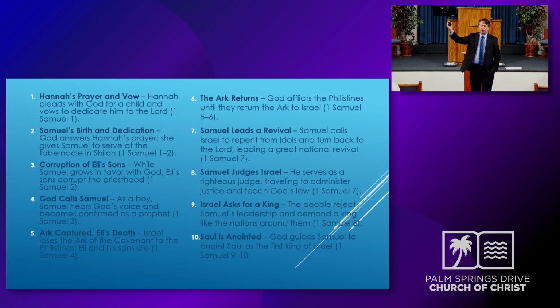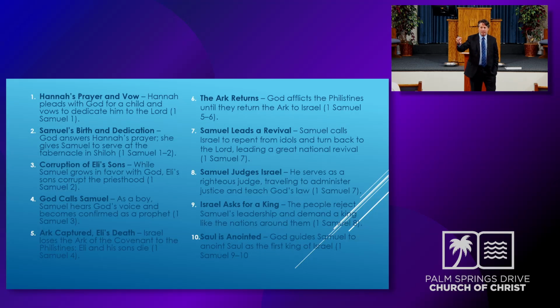After a while, Samuel's getting old, and a challenge as we study and read the Bible, especially those of us who are parents, we have the same dilemma that Samuel has, that Eli had, maybe not identical, but similar, because Samuel has some sons, but his sons aren't following God.